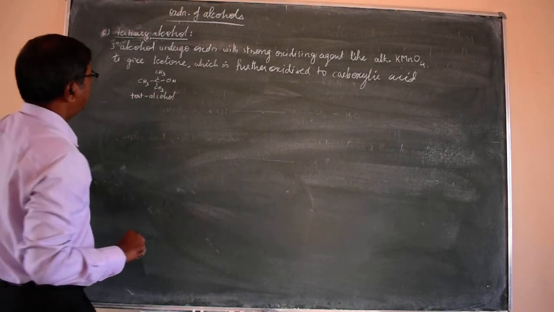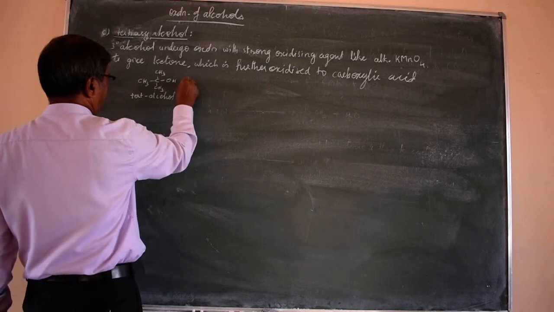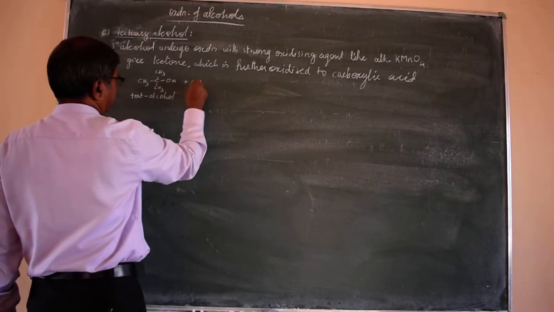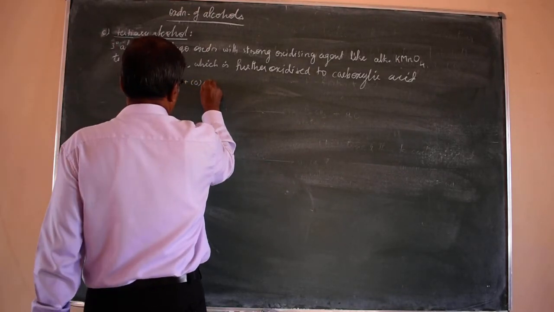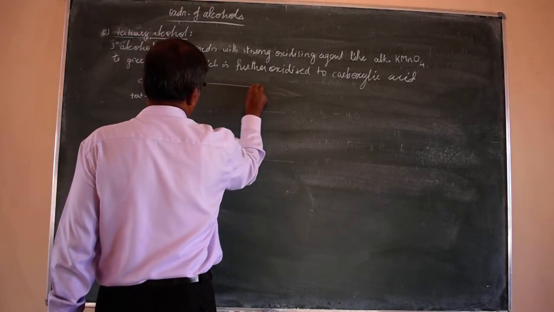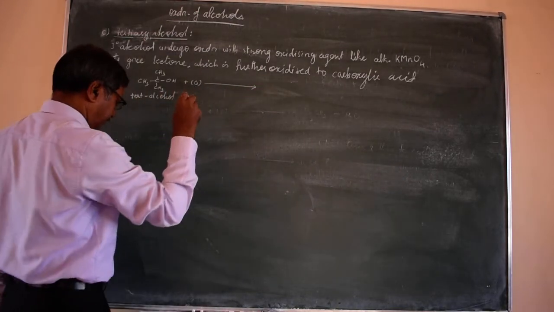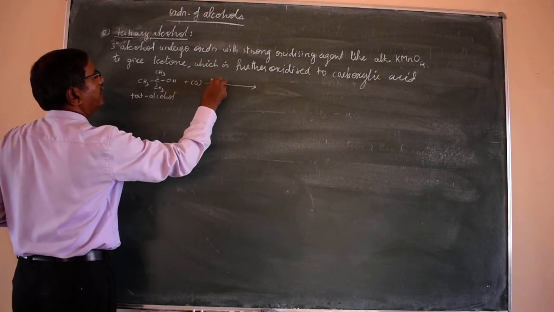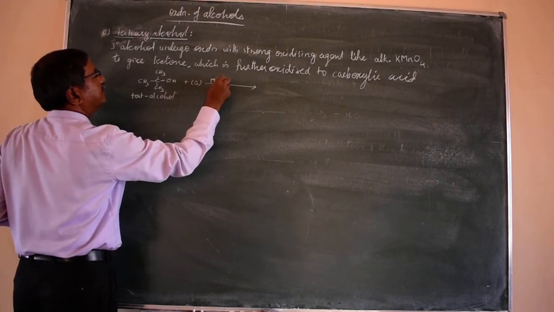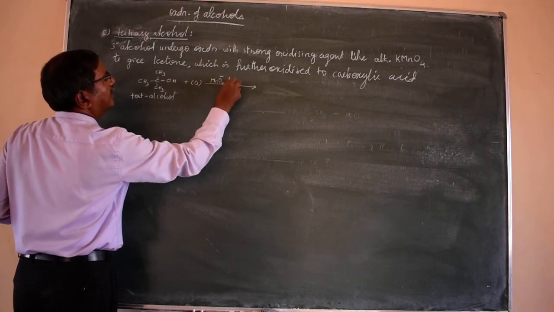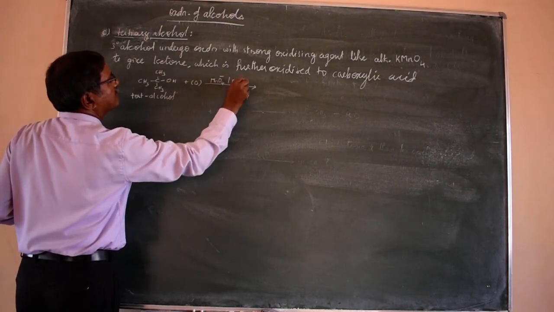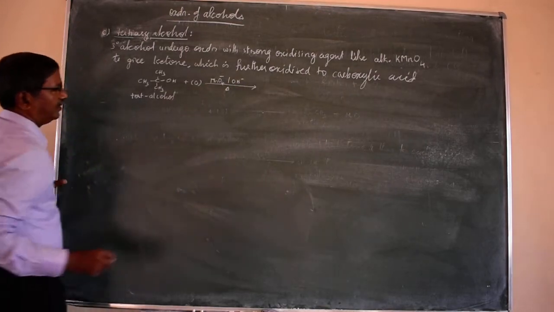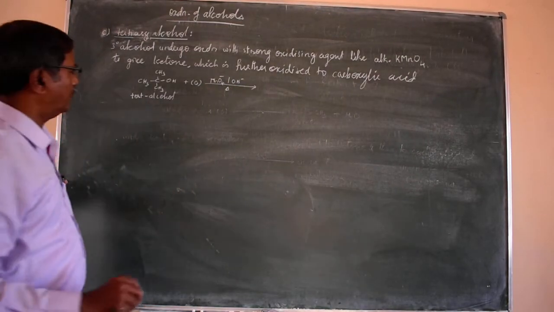Tertiary alcohol undergoes oxidation with a powerful oxidizing agent. So here we need a strong oxidizing agent, alkaline KMnO4. I am writing MnO4 minus, meaning permanganate ion in alkaline medium. It's a strong oxidizing agent. You are getting the product ketone.